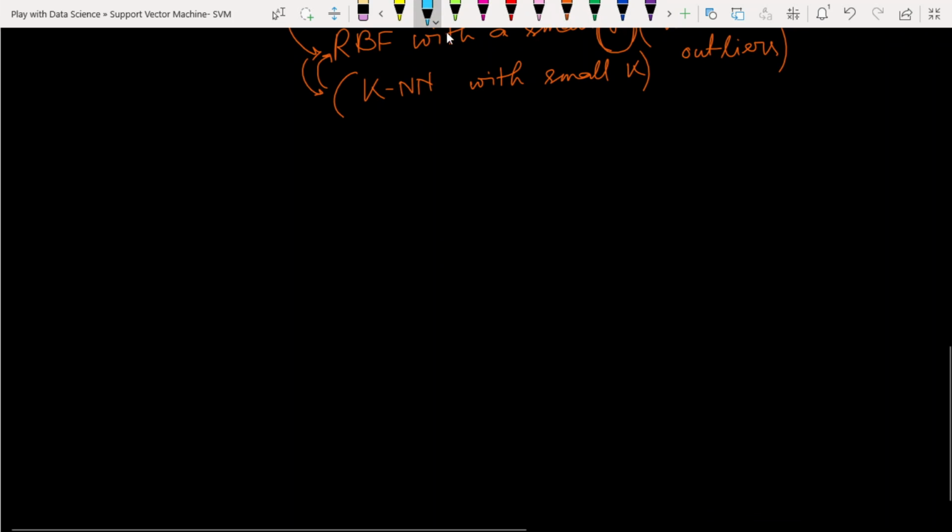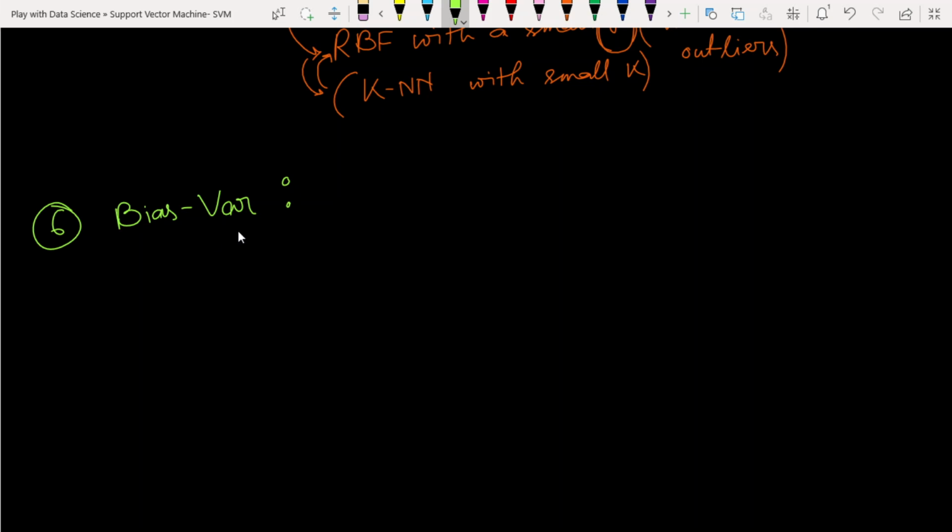So the last thing is the bias-variance trade-off. If you remember, we have the hyperparameter C for our loss function and the hyperparameter sigma for the RBF function. If we increase the value of C, then we are going to overfit our model.